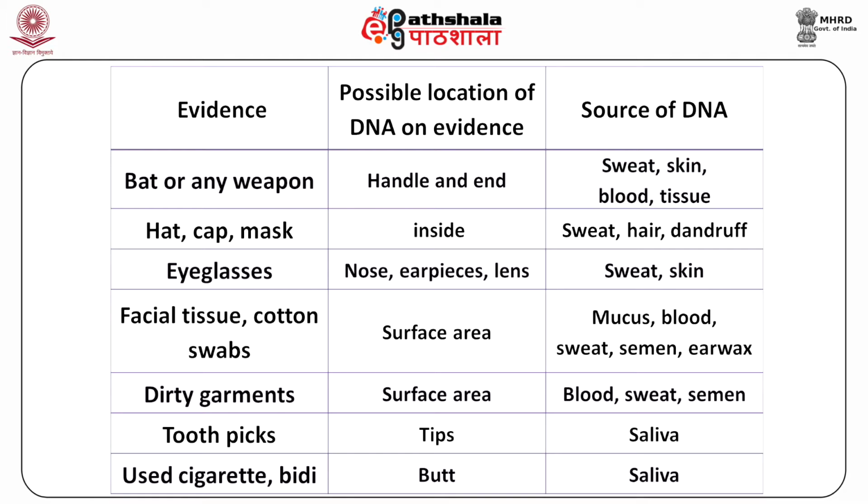Another type of evidence can be a hat, cap or mask. We can find the DNA inside the hat, cap or mask, and the source of DNA should be sweat, hair and dandruff. Eyeglasses can be the evidence.